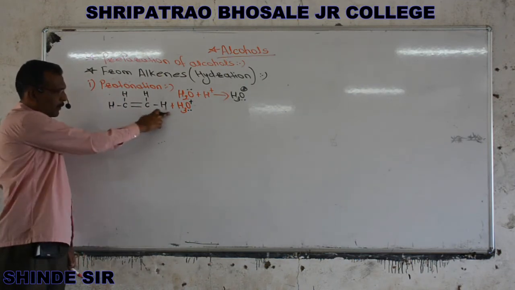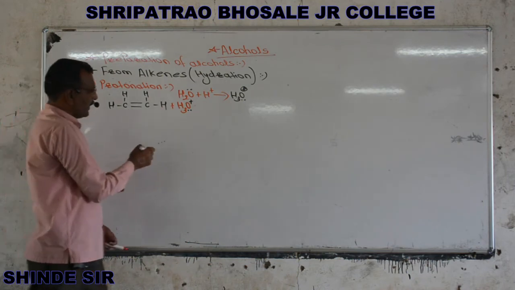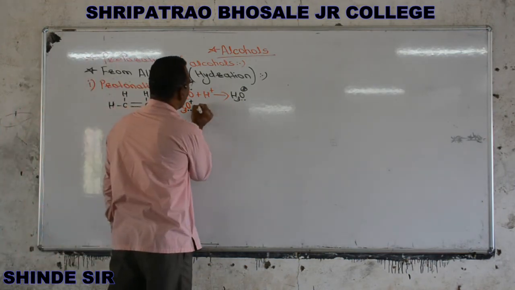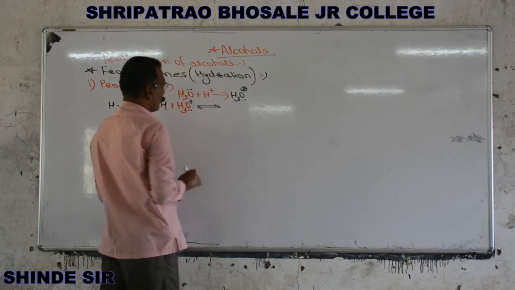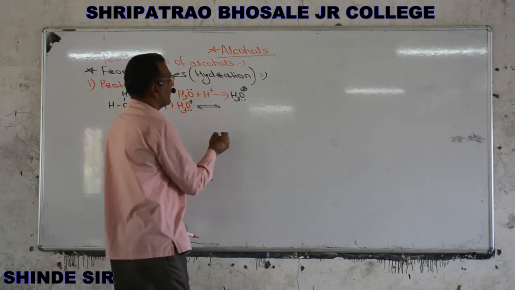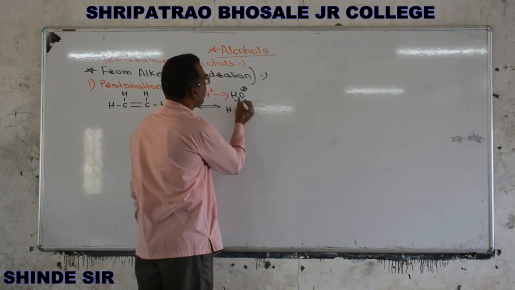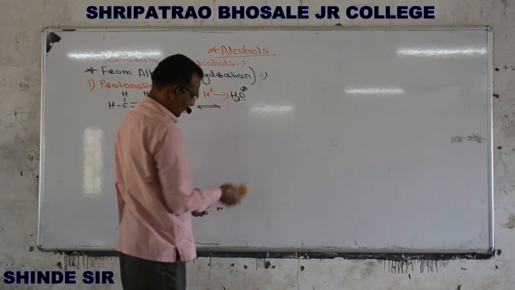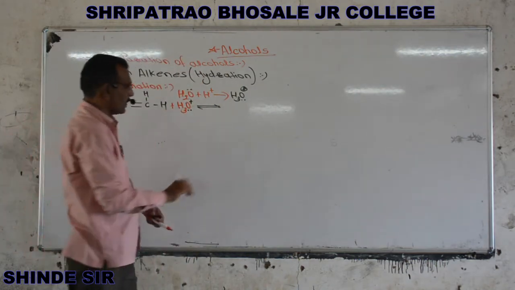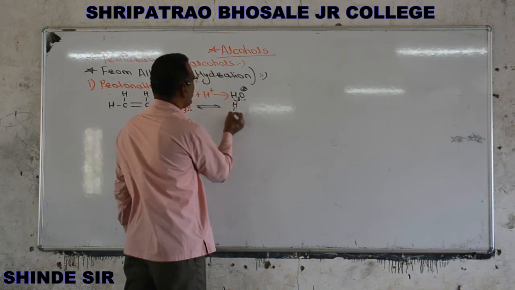That is, addition of a proton takes place on the alkene in the first step, and so this compound is formed. Consider the carbon atom, on which 2 hydrogens are already present.